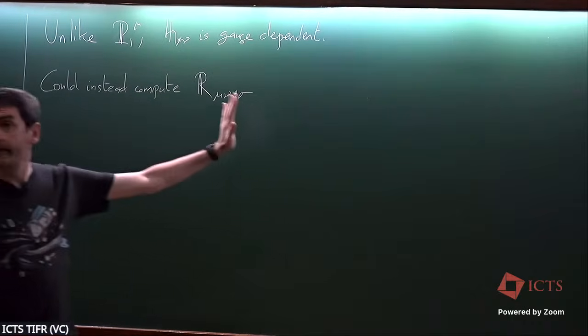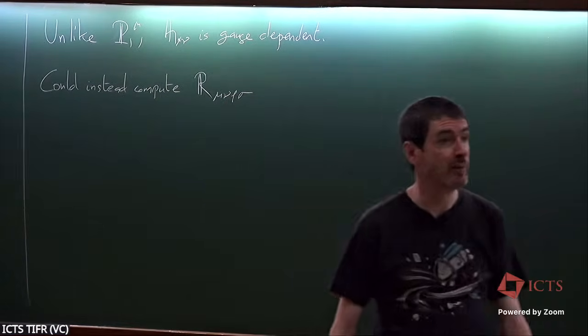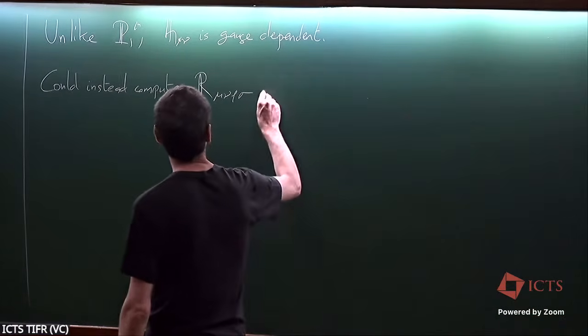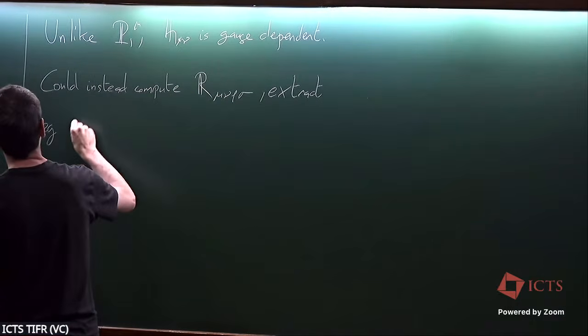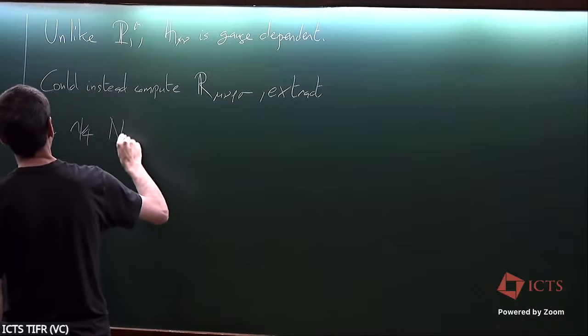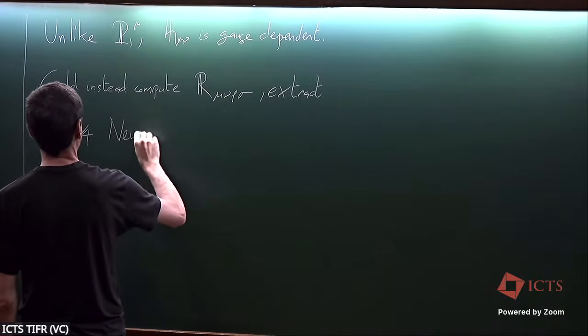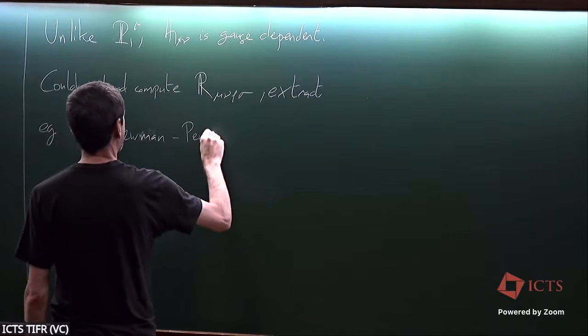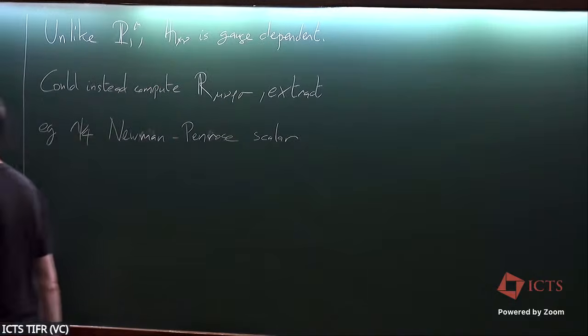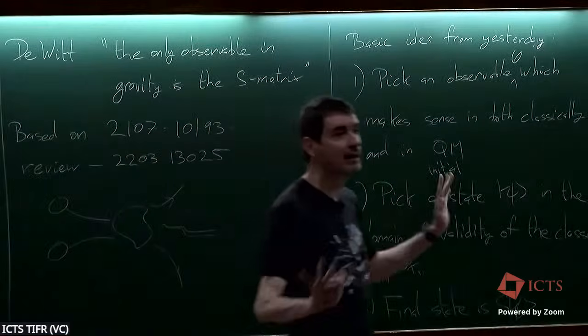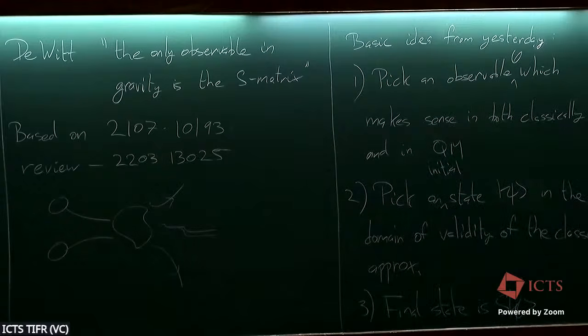We could extract out of that, for example, the Newman-Penrose psi4. And that's actually the attitude adopted in these papers in this review. We computed the Riemann tensor because this gauge dependence isn't really great, and we wanted something very solid that makes sense.